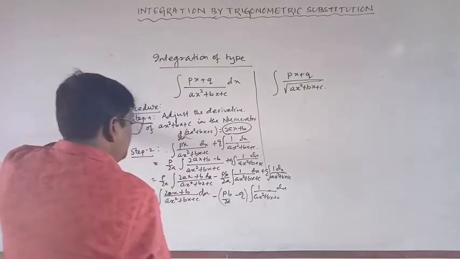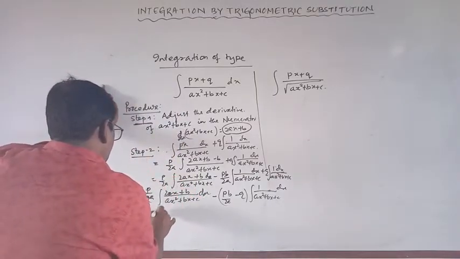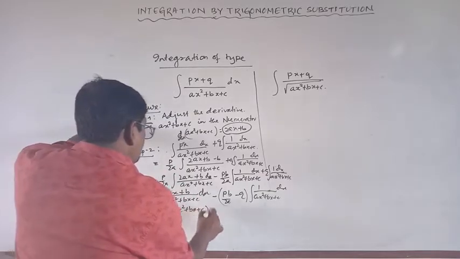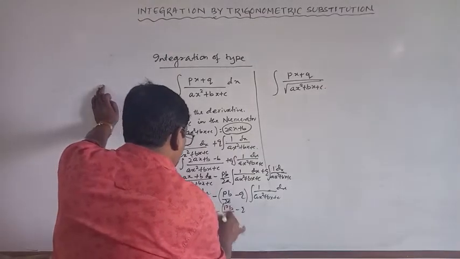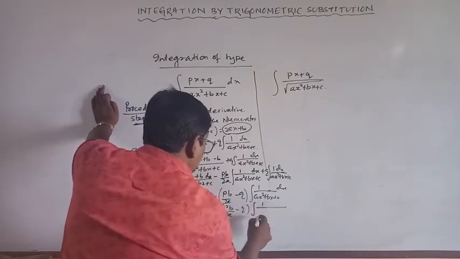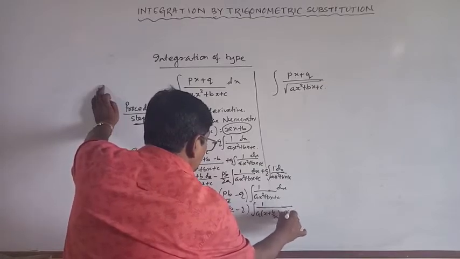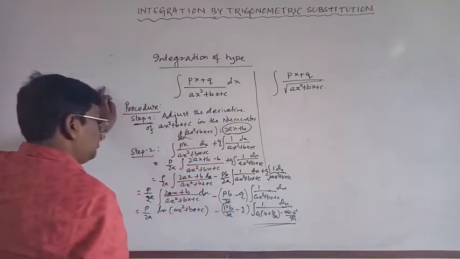So here the first integral gives p by 2a into log of (ax square + bx + c), and the second is solved using a perfect square: x plus b by 2a whole square, minus (b square minus 4ac) by 4a square. This is a perfect square, which we have done, so use the standard formula.